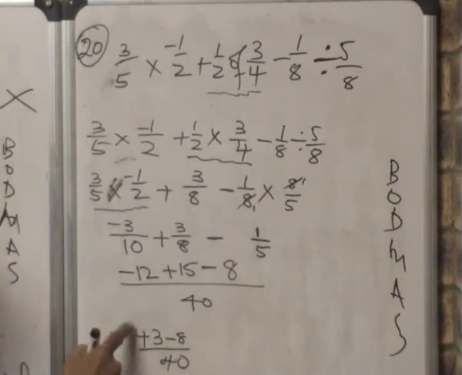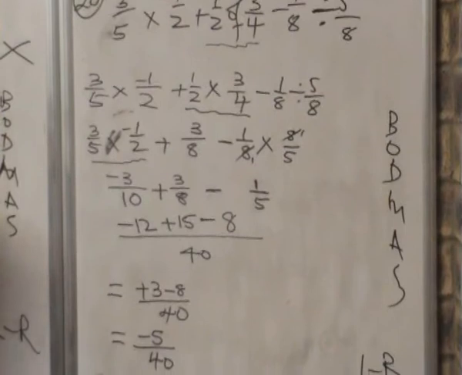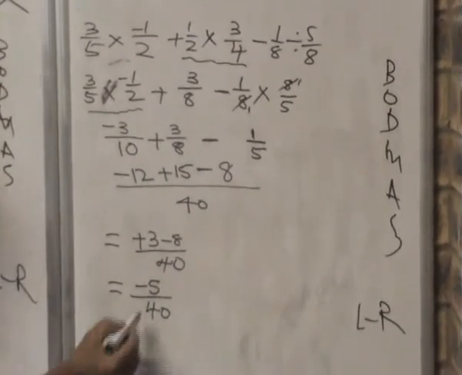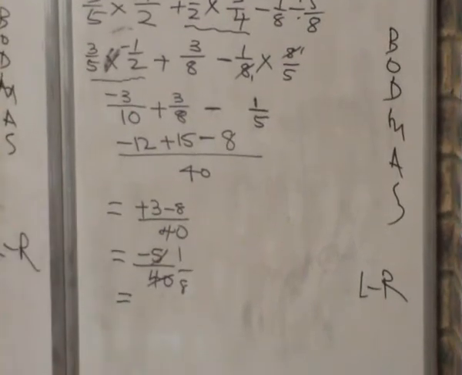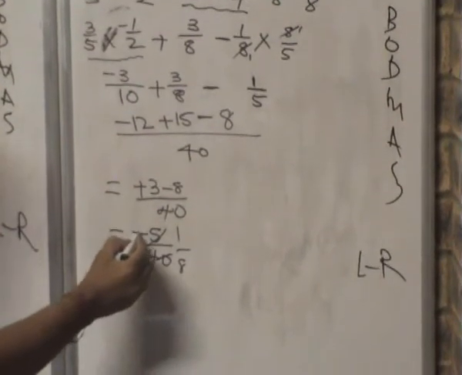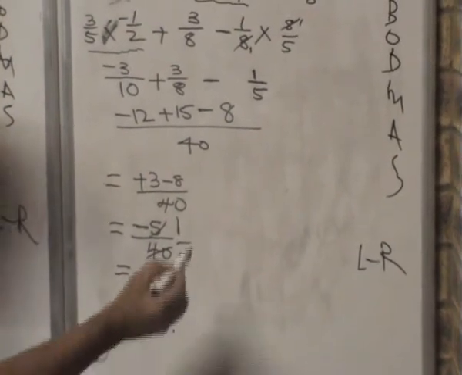Plus 3 minus 8. I have 3, I owe 8, so I owe 5 over 40. And now when I look at this carefully, 5 can divide into 5 one time, and 5 can divide into 40 8 times. So the final answer is minus 1 over 8.